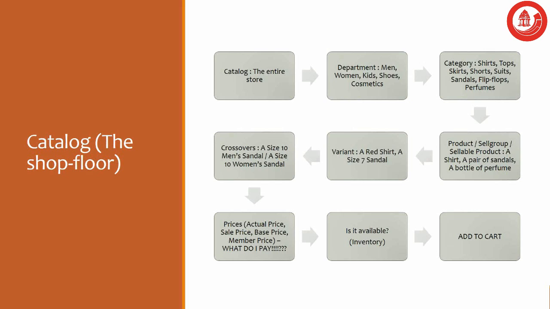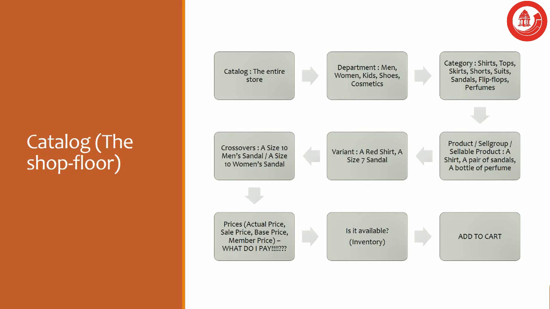So once you find what you are looking for, then comes the prices, and that's where the fun gets more and more interesting. There are so many kinds of prices, but if you understand what each type of price means in e-commerce terminology, then you won't find it that hard.